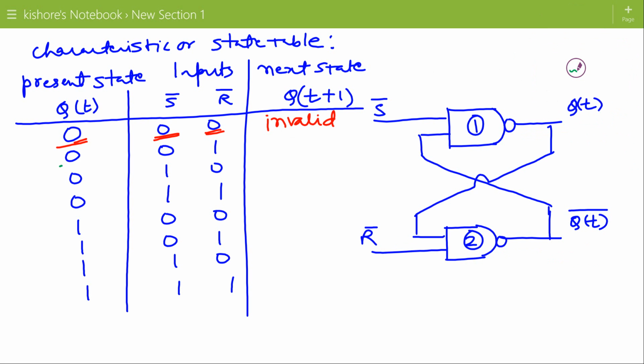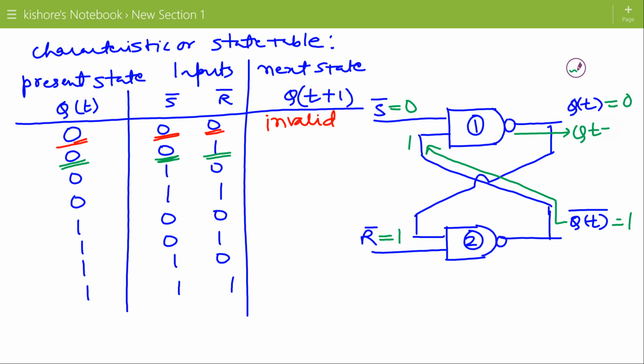In the next case, present state is 0, QT is 0, so QT bar is 1, S bar is 0, R bar is 1. We'll find out the output of first NAND gate first. So this QT bar is the second input for first NAND gate, that is 1. 0 NAND 1 is 1.